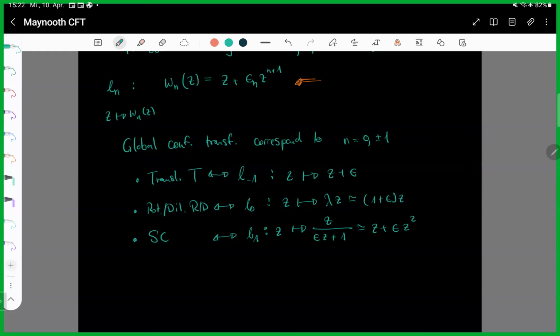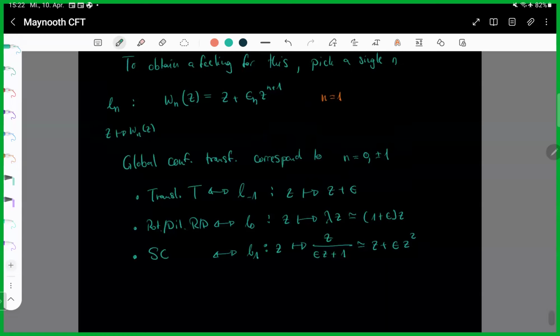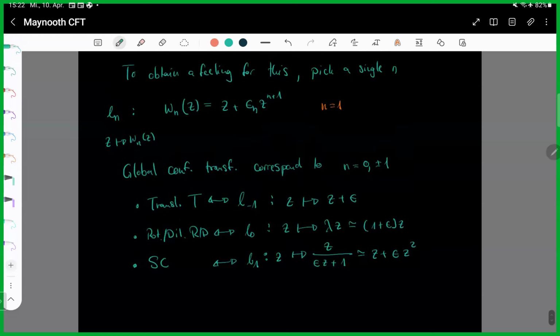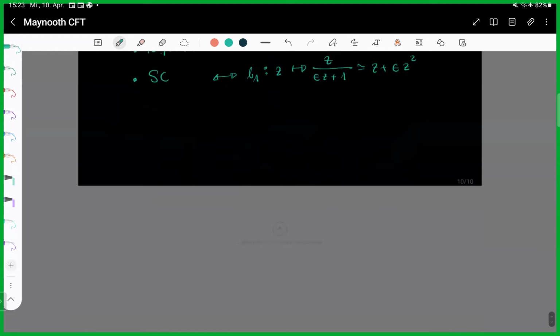That's what you get if you do this right. So this is really just a Taylor expansion. And then you see that if you pick n being 1, then you get z squared. That's what you want. So in this way, we're taking the global conformal transformations that we got acquainted with yesterday and putting them in the framework of these complex infinitesimal generators of conformal transformations. Okay, so that's good.